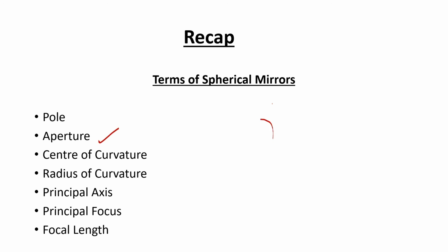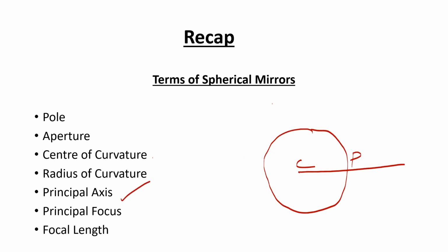The length of this spherical mirror or this diameter is known as aperture, where the light rays can fall. Center of curvature is the center of the sphere of which the mirror is a part. Radius of curvature is the distance between the center of curvature and pole, or the radius of the hollow sphere.